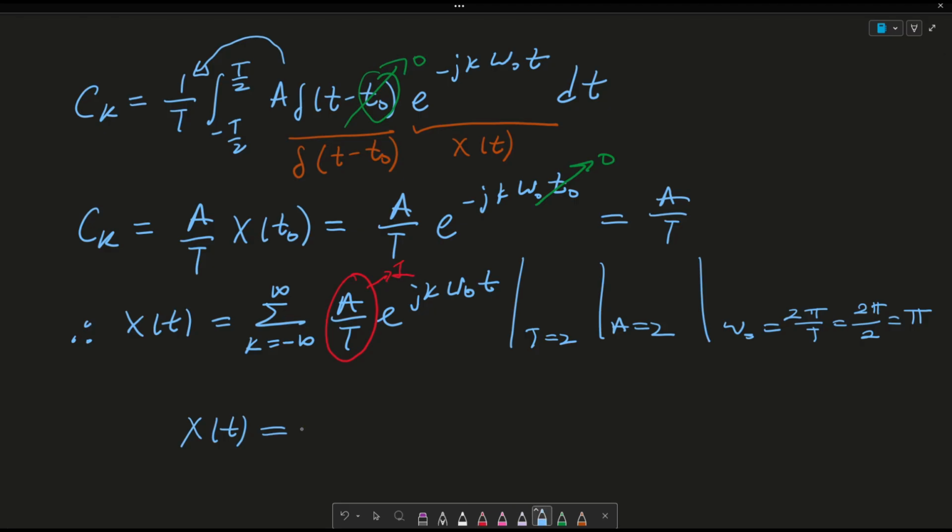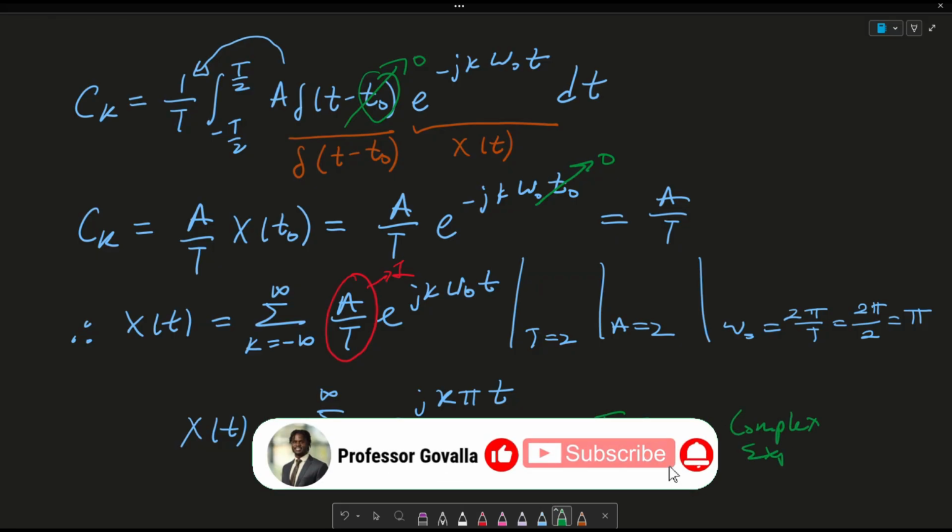All right, so we can go ahead and write the 1, or we could omit it and say then that this is just the sum as k is equal to negative infinity to infinity e to the j k pi t. And this is what we consider to be the Fourier series of the periodic impulse train in the complex exponential form.